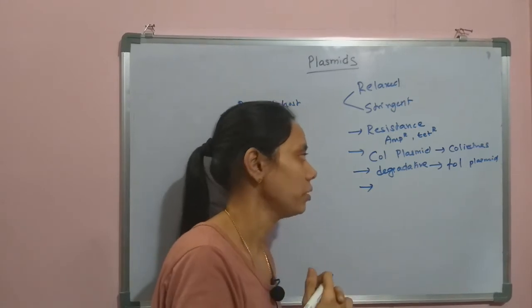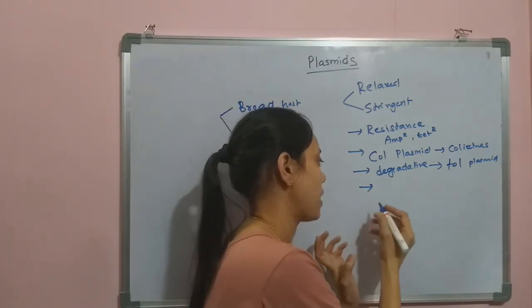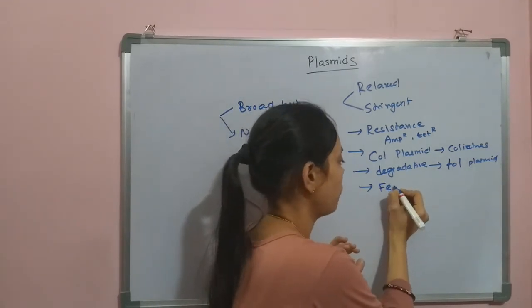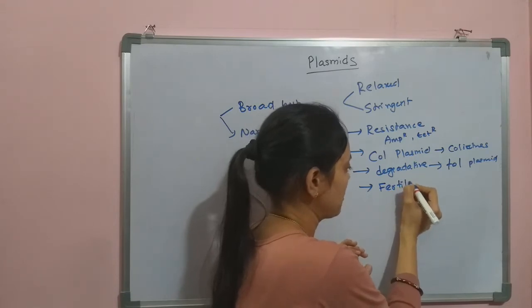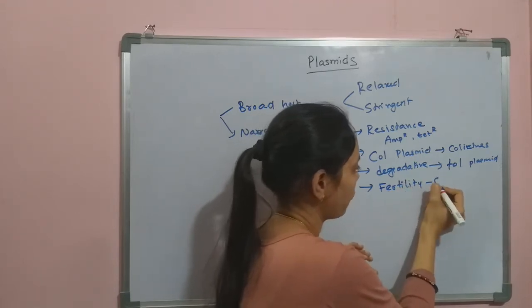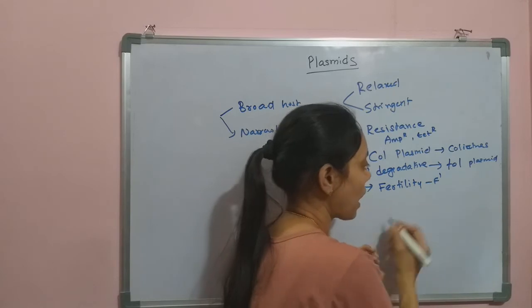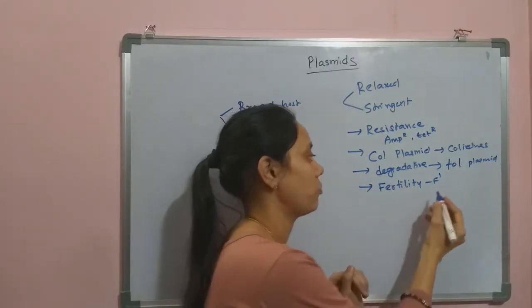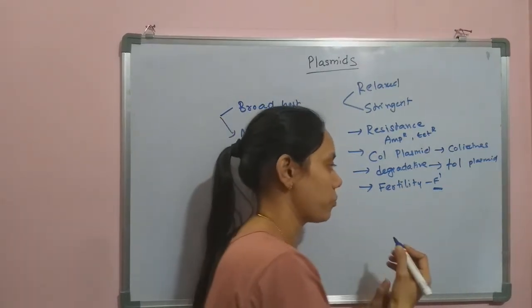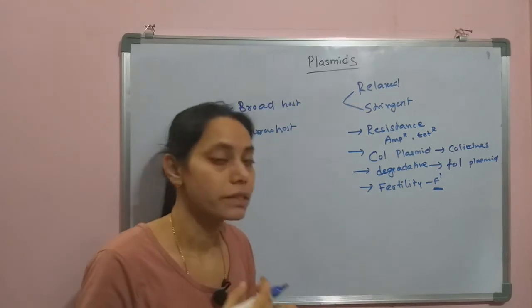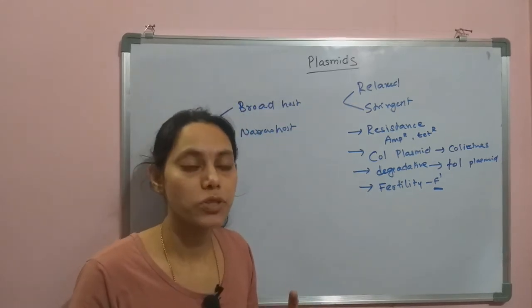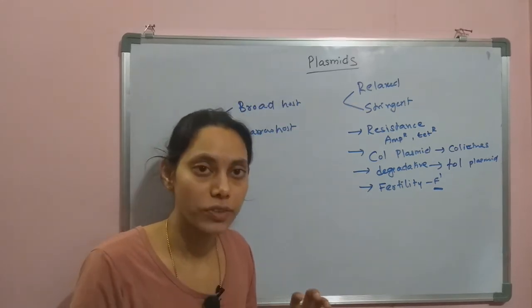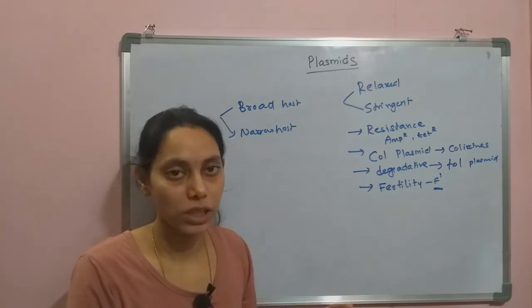Coming to the other type, there are some plasmids which cause fertility. These are called F plasmids, and the bacteria possessing the F plasmid is considered F positive, and these are responsible for the exchange of the plasmid from one bacterium to the other.